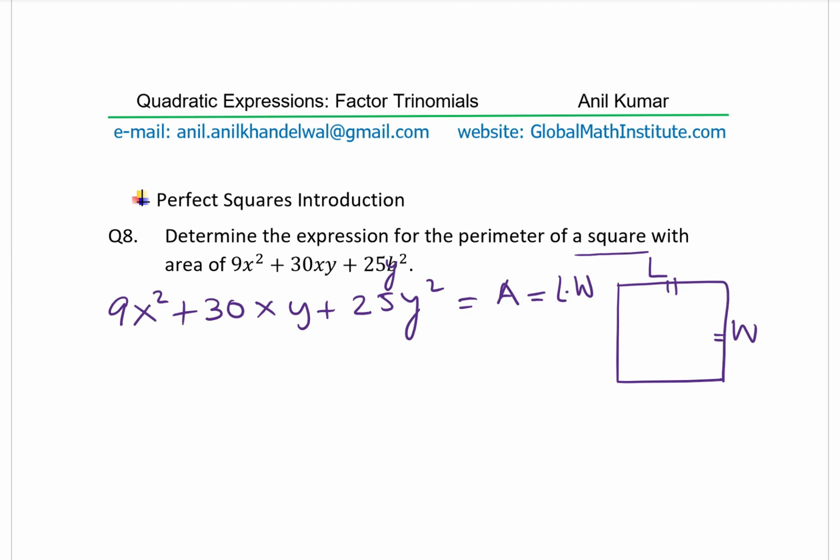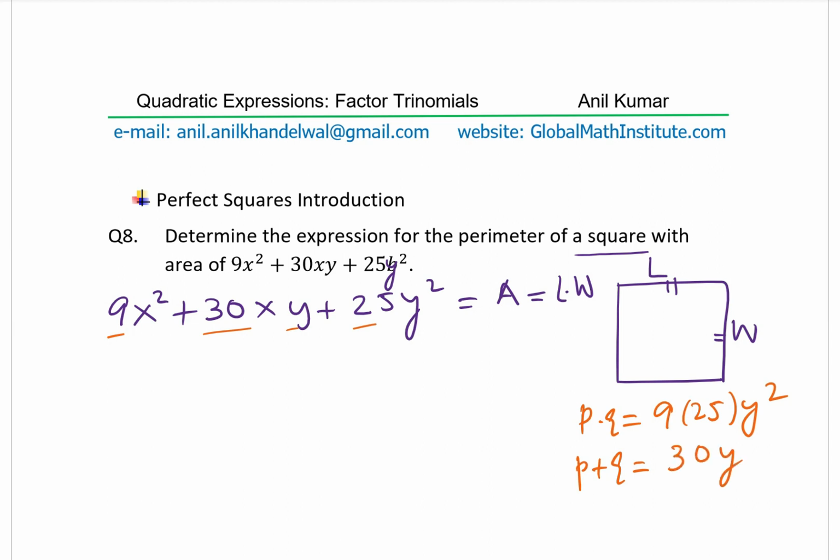Now, how do we find sum and product? These are pretty big numbers. Okay, so we'll have to do trial and error. So the product of P and Q is 9 times 25 times y squared, and the sum of P and Q is basically equal to 30y.